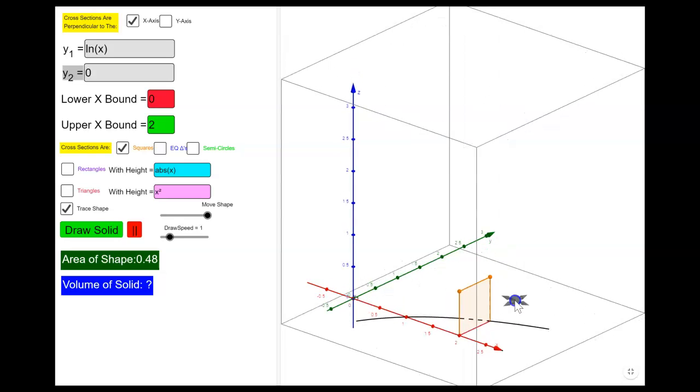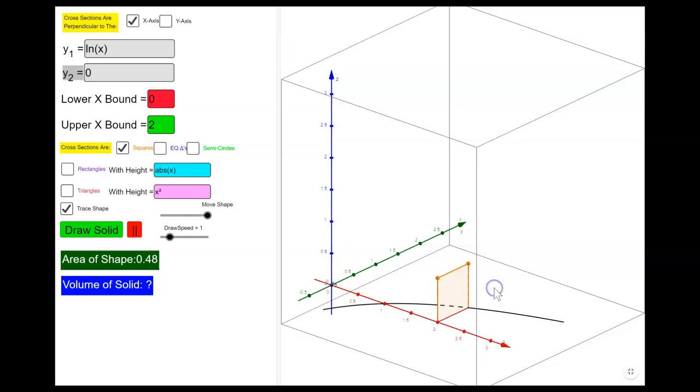That's ending at 2.7, so I'm going to need 2.5. There we go. So lower bound is not 0. That is 1. Upper bound is going to be e. I should just be able to put the letter e. Go.